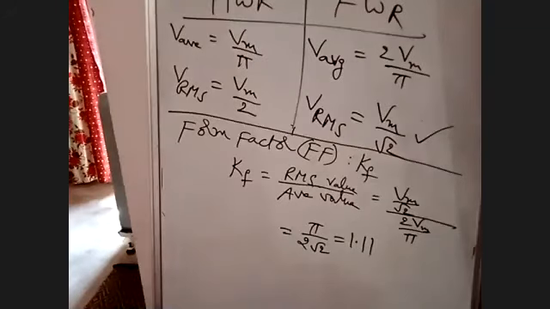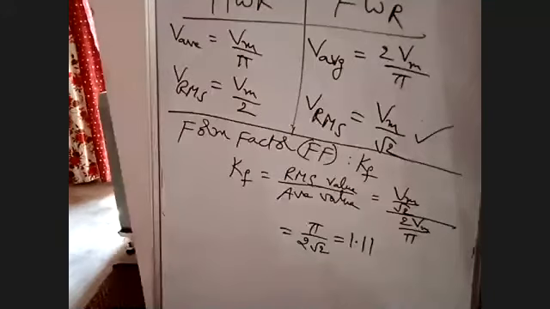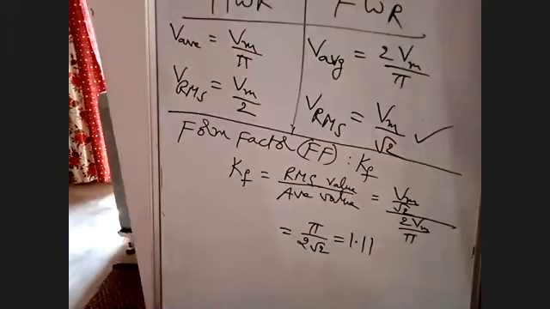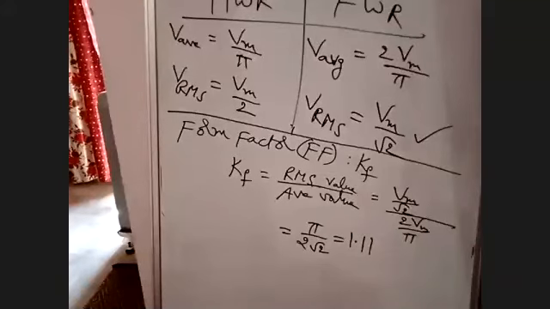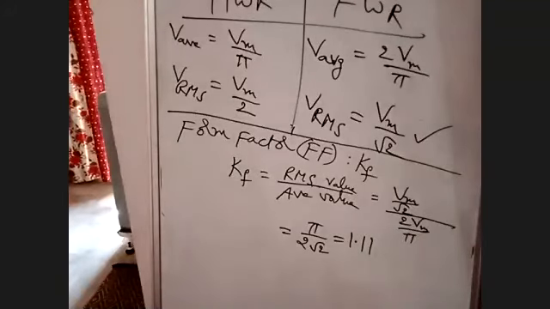If you substitute that, you will get 1.11. Remember this value, because in the third unit on transformers, we'll use this factor in the derivation of the average voltage of a transformer. This is very important. In the exam, they'll ask for 2 marks: what is form factor? So you have to write this up to 1.11.